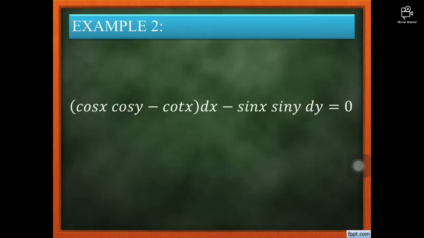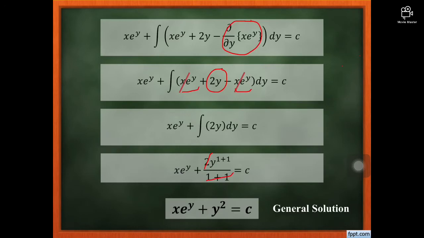So that was the end of the first example. That is very easy. So you just need to concentrate in using the integration and the formulas so that you can easily answer with the exact.